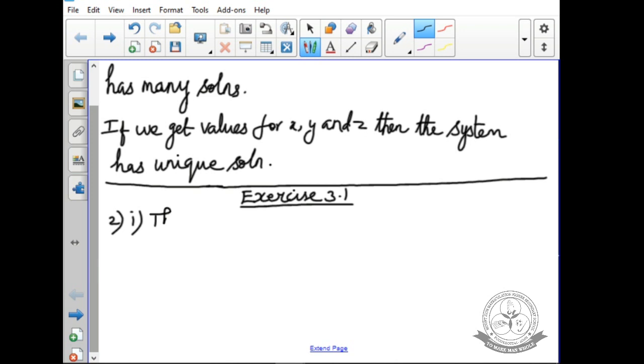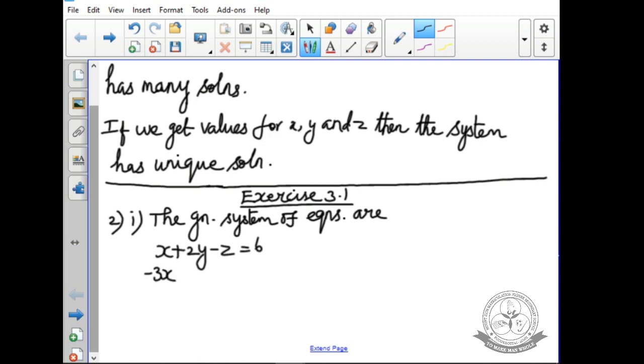The given system of equations are x plus 2y minus z equal to 6, minus 3x minus 2y plus 5z equal to minus 4, third equation, x minus 2z equal to 3.